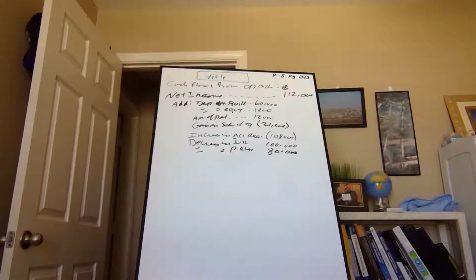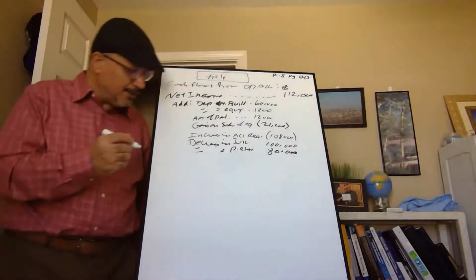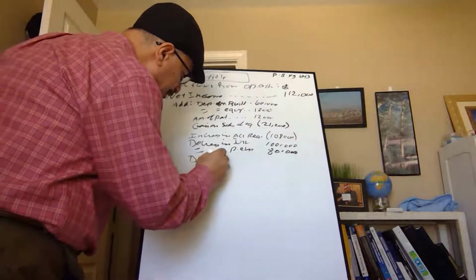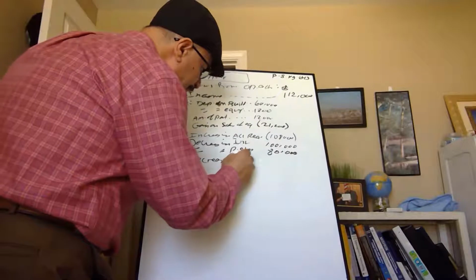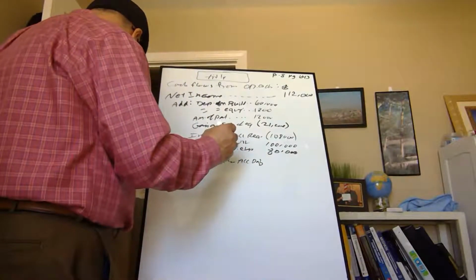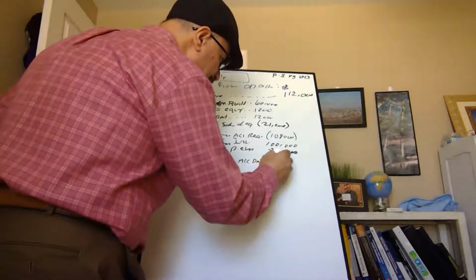Okay, where was it? Here. Accounts payable went down from 147 to 43. Okay, that means that's a decrease of 104,000. So decrease in accounts payable, okay, for 104,000.